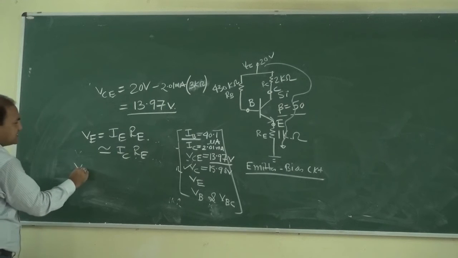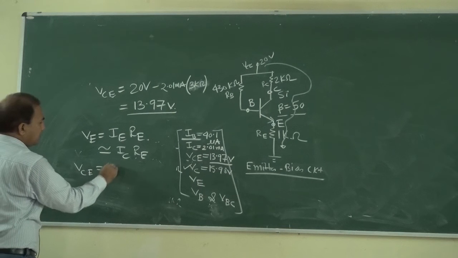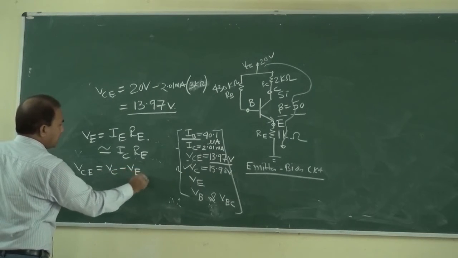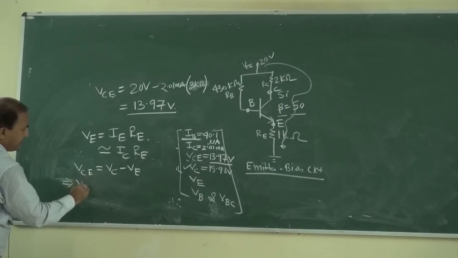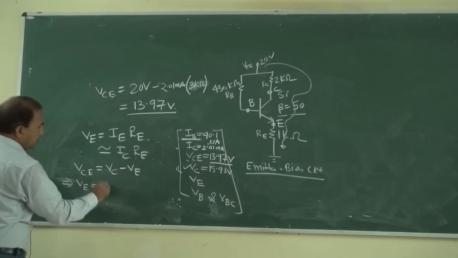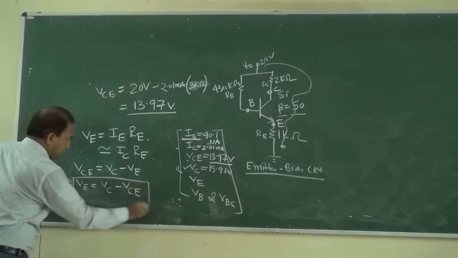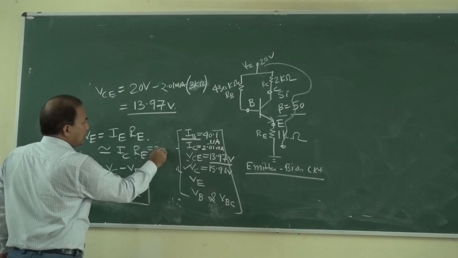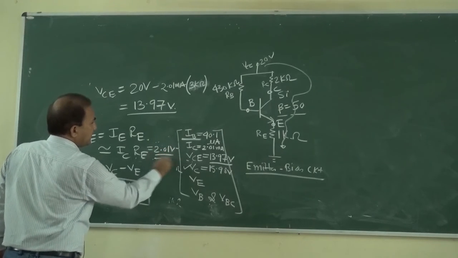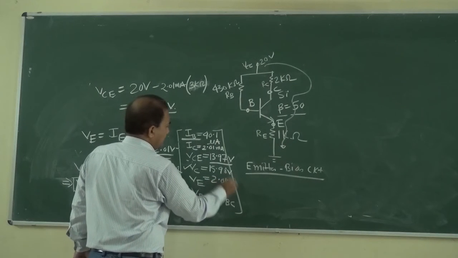The second method: VCE is equal to VC minus VE, so VE is equal to VC minus VCE. By using two methods we can determine the value of VE. It is equal to 2.01 volt.